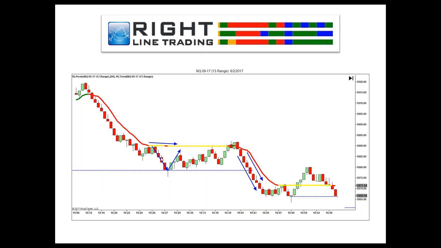So what happens when price comes down to the pivot? It bounces. Price comes down to the pivot, it bounces. Price comes close to the pivot, it bounces. Because it's moving down into the pivot with no volatility and no momentum.